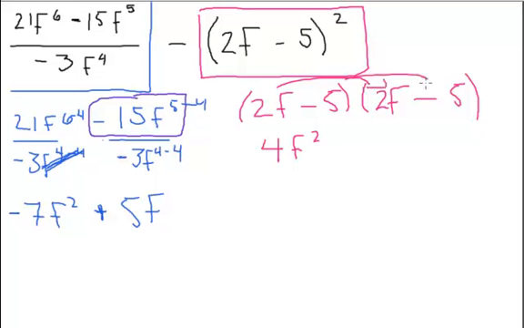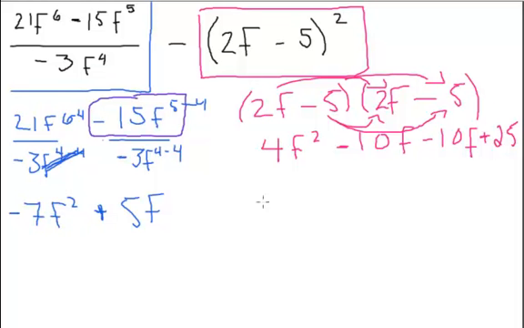Now 2f times negative 5, a positive and a negative gives me negative 10f. Then the bottom, negative 5 times 2f, is another negative 10f. And lastly, negative 5 times negative 5 gives me a positive 25.